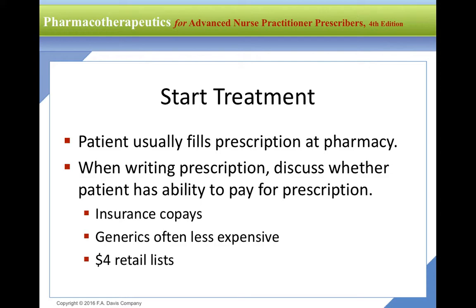Obviously, generic drugs have a lower copay than brand name drugs, and each patient, especially if they have insurance, is going to have a separate formulary that their insurance will pay for. So, when you're looking at medications, out of all the ACE inhibitors that we're going to talk about for high blood pressure, there's about 10 of them, their insurance company may want to pay $4 for a certain one, $10 for another one, and then $50 for a third one.